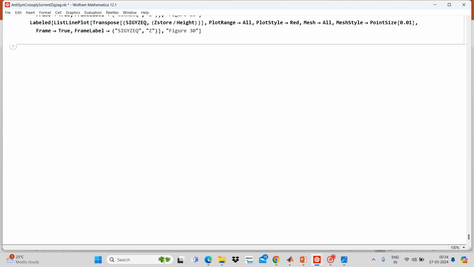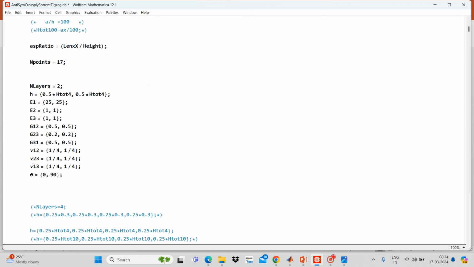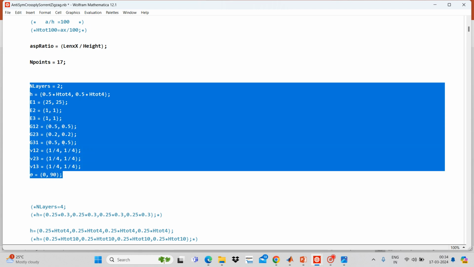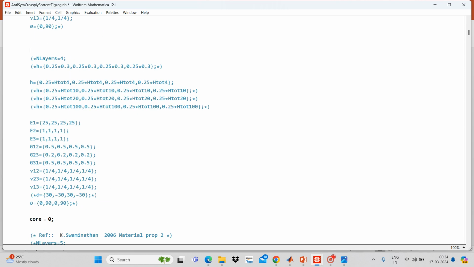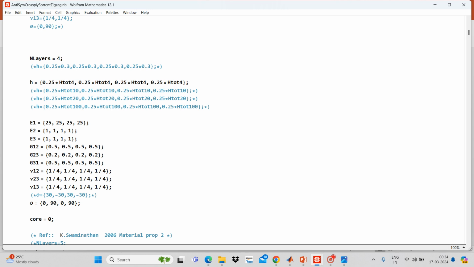Now we will see the 4-layer laminate. So let's comment it out, and let's do this: 0/90 and 0/90. Let's remove it, it's not required.